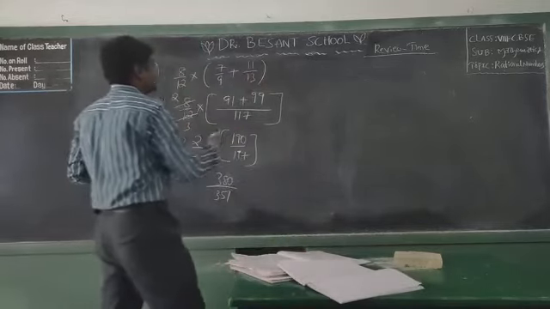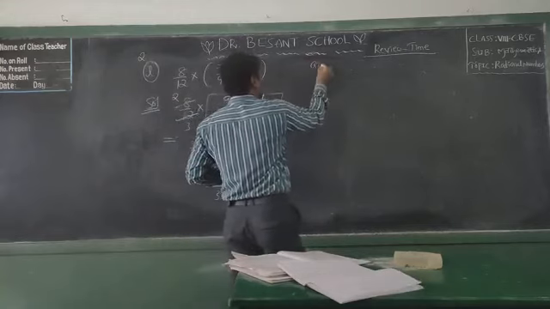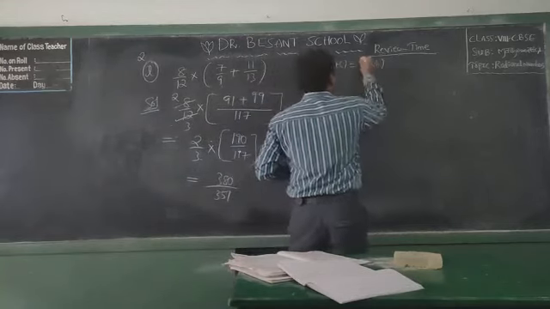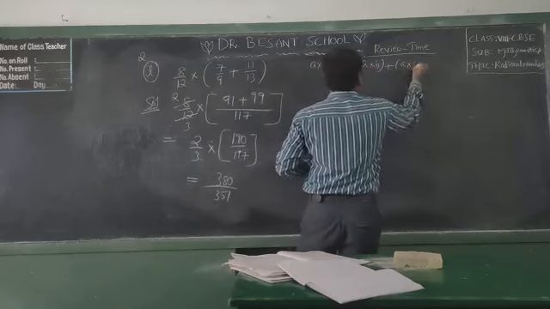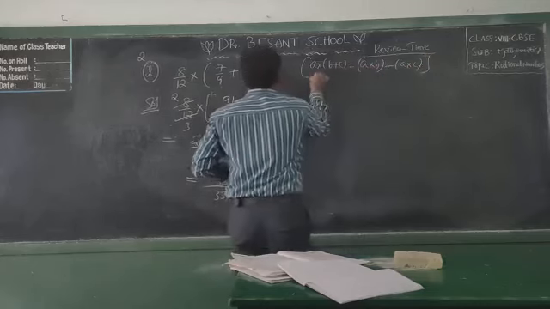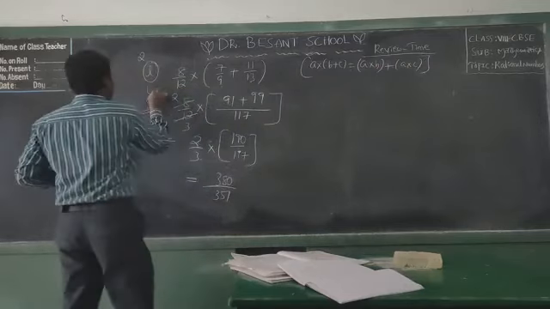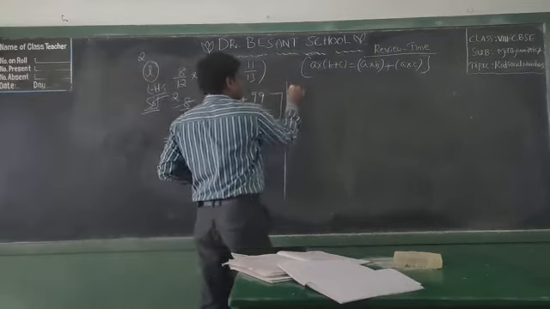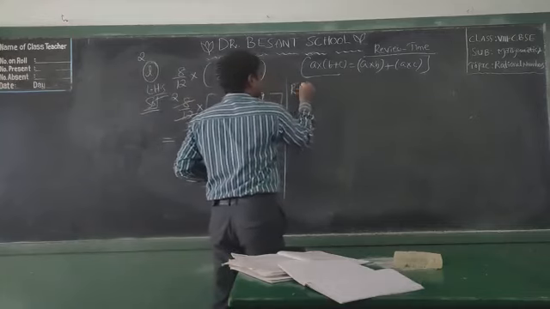Suppose this is A into B plus C is equal to A into B plus A into C, the distributive property. So we did the LHS part, this is LHS, that is RHS.